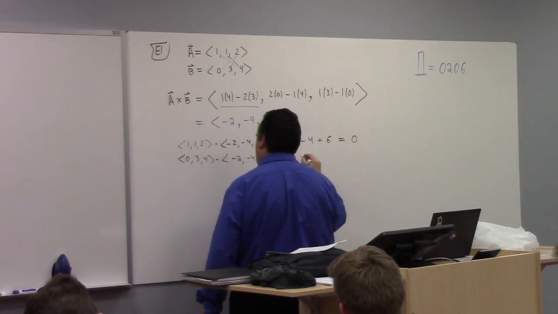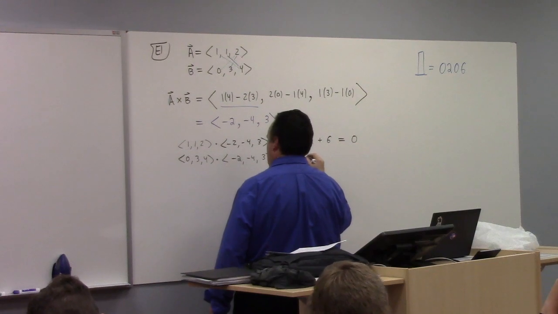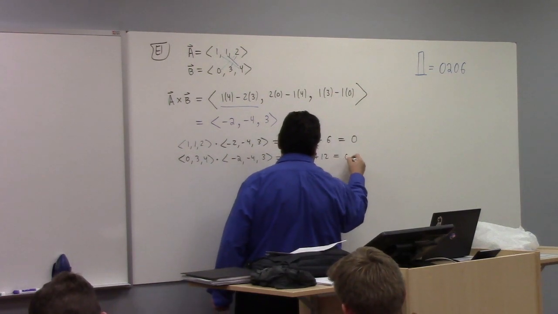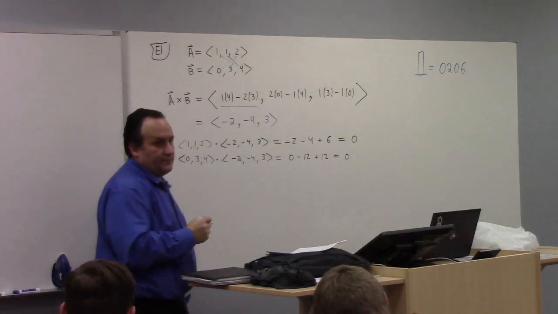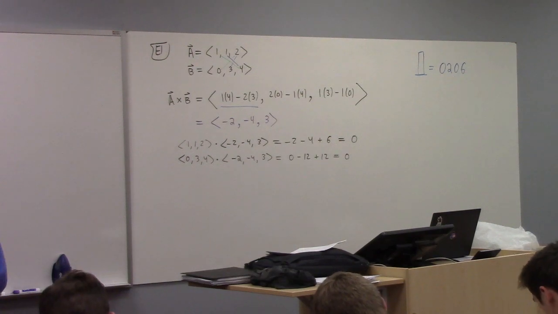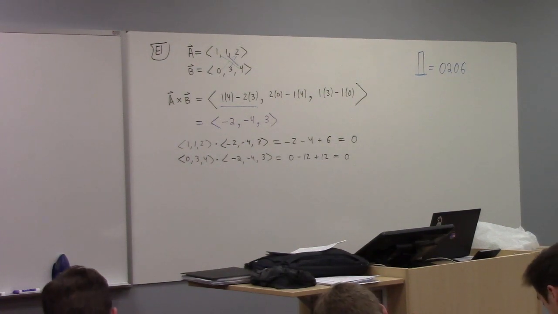That gives me 0 minus 12 plus 12, also known as 0. So at this point, I would have to be incredibly unlucky to have calculated the cross product incorrectly. So there you go. That's the cross product of A and B.